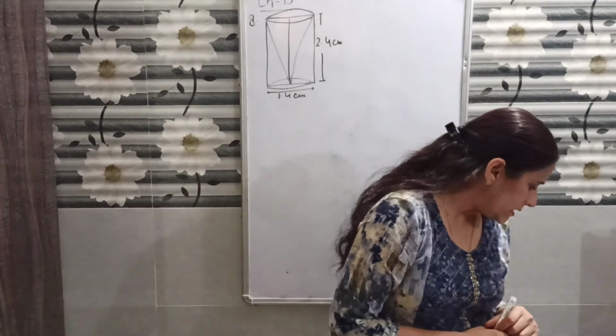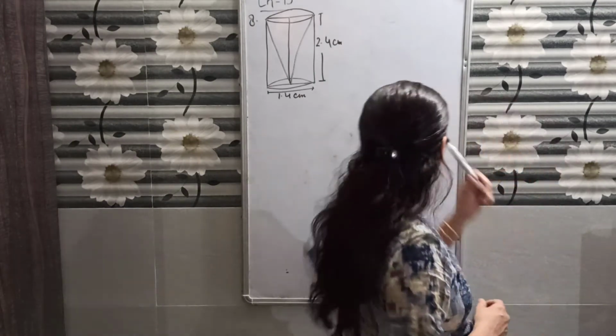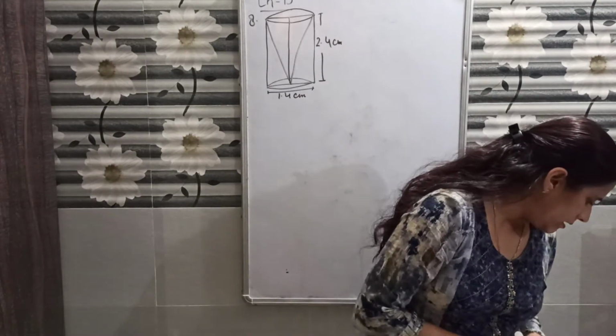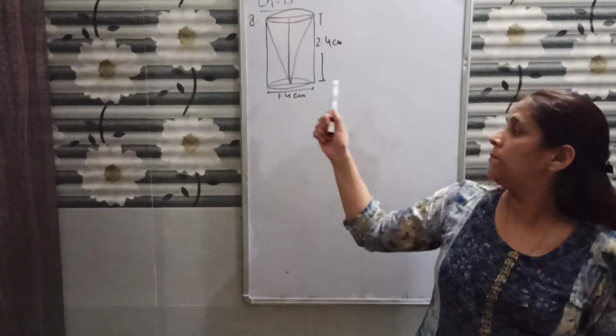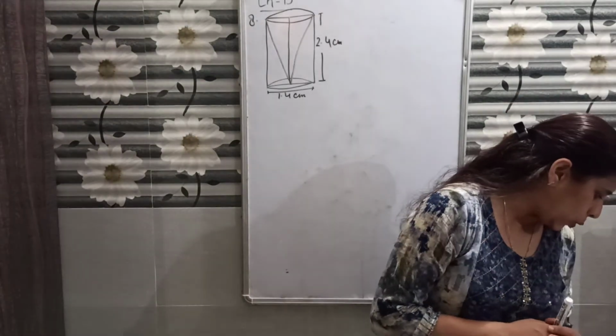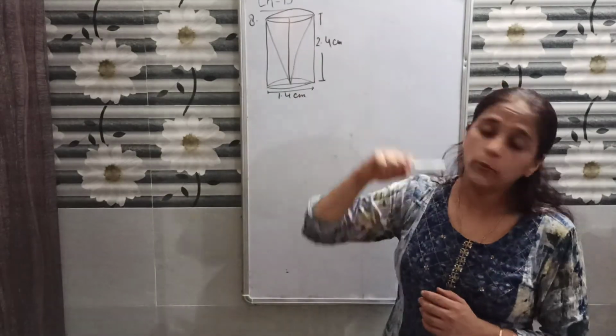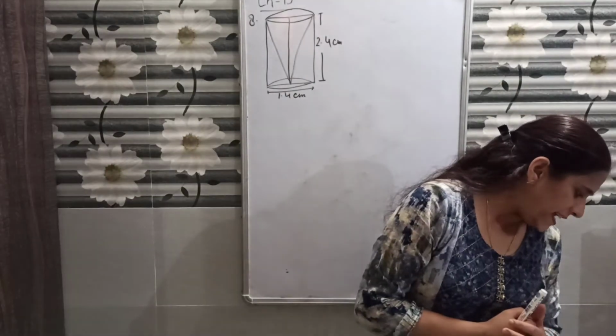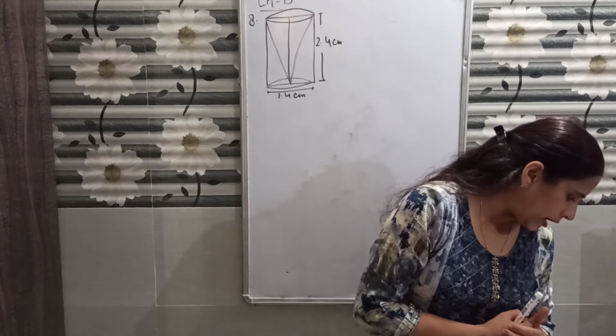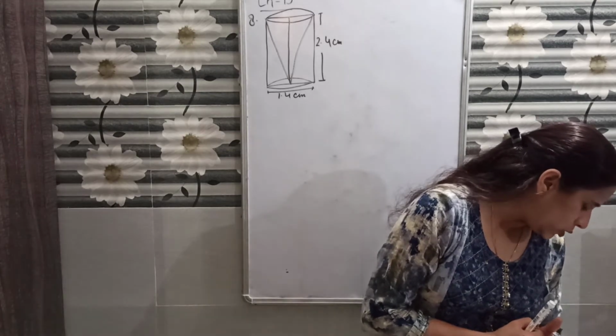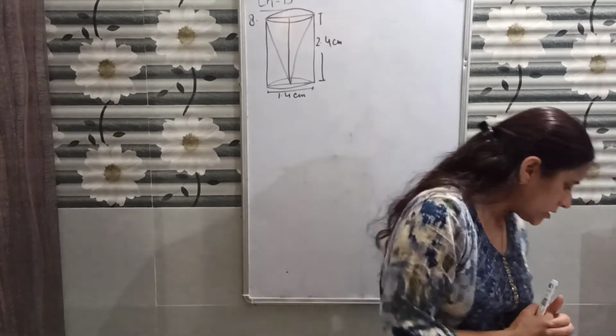From a solid cylinder whose height is 2.4 centimeter and the diameter is 1.4 centimeter, a conical cavity of the same height and same diameter is hollowed out. Find the total surface area of the remaining solid to the nearest centimeter square.